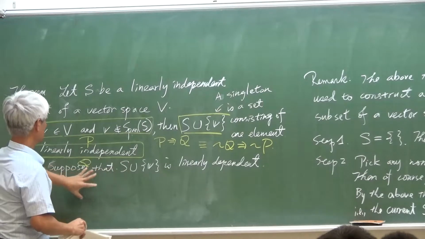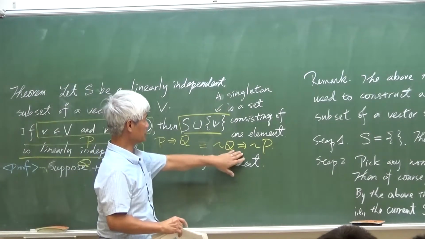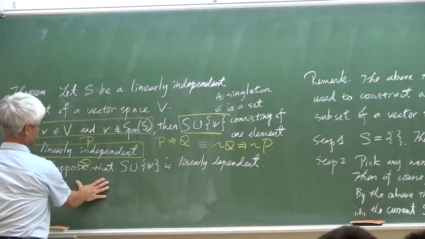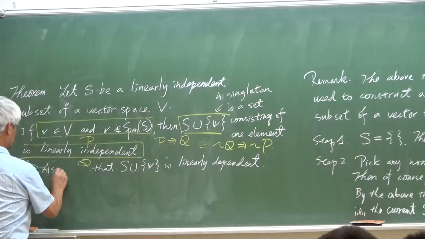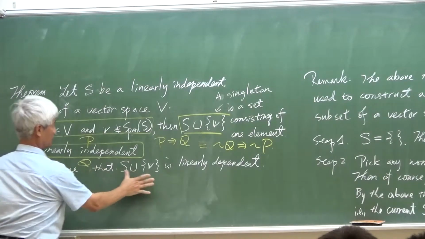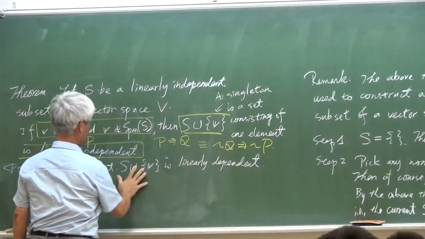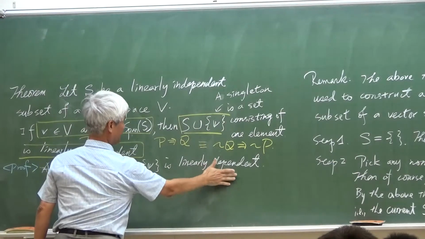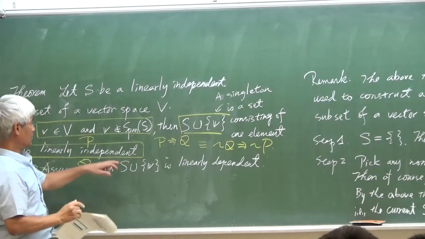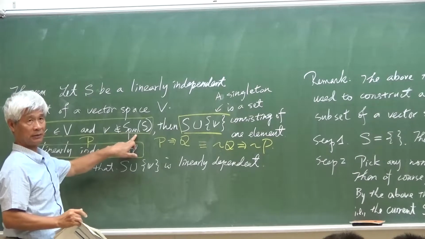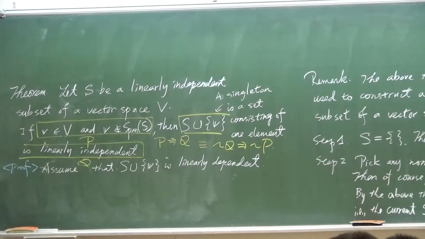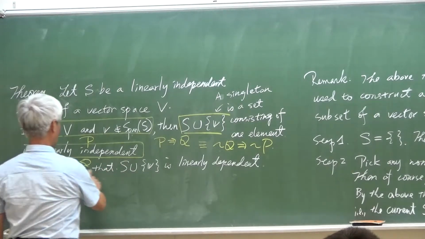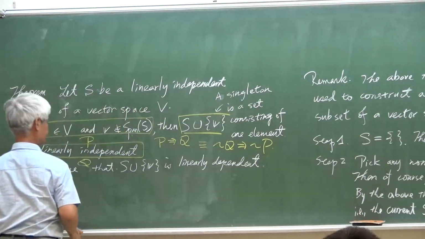To prove not Q implies not P, we assume not Q, so the union is linearly dependent, and I will prove that this v must be in the space. So you know my strategy. Now we assume the union is linearly dependent.